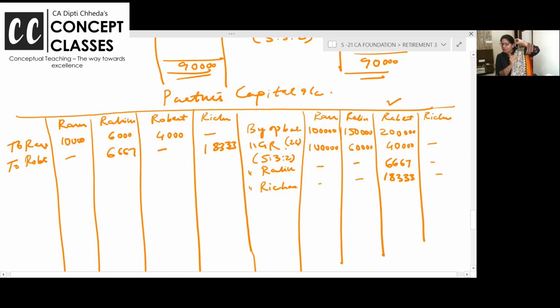You are writing off goodwill in the new ratio. In the suggested answer, this is a past exam paper, what they have done is directly in the partners' capital accounts, bought goodwill in the old ratio and written off in the new ratio. That is also fine. They can do it like that.